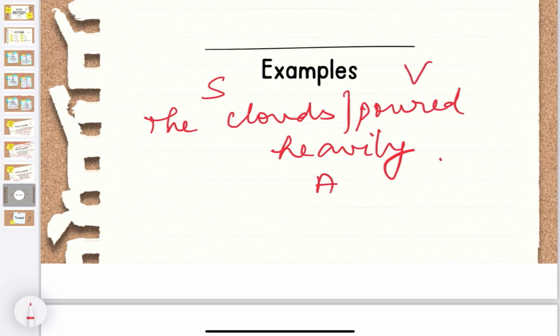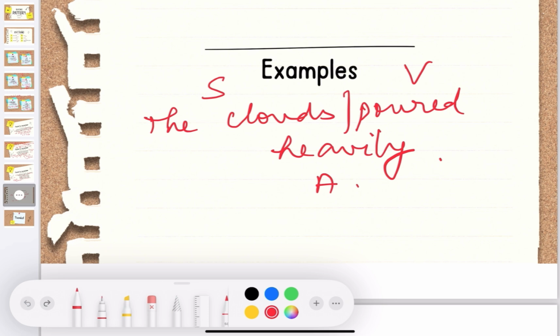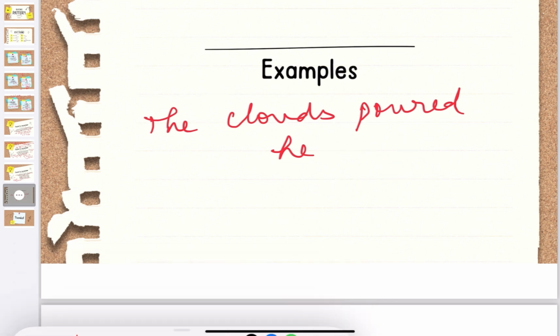Heavily is the adjunct, because it replies to the question how, right? You get it? How did the clouds pour? Heavily, right? You don't have to add any helping verbs or anything. It just gives you a meaning out of it. I'll give you another example.